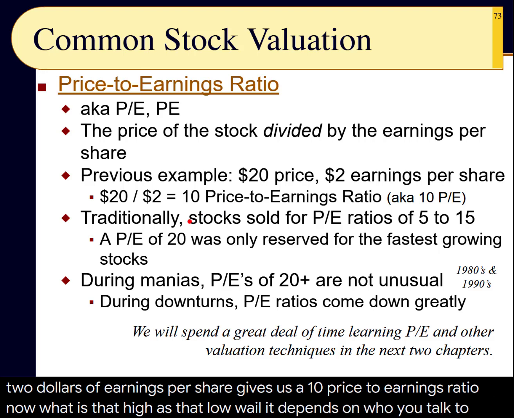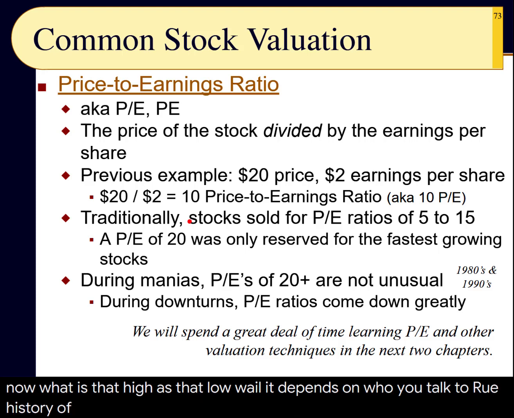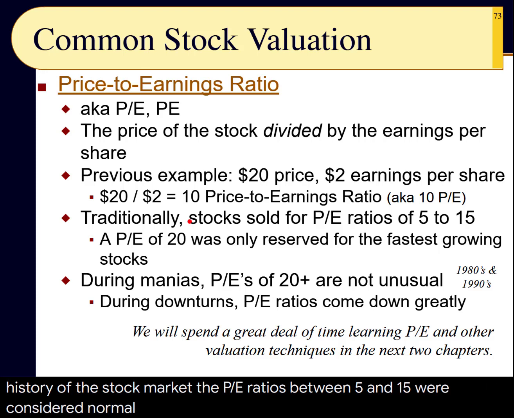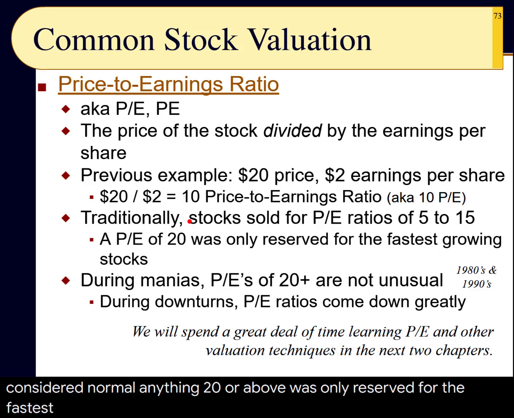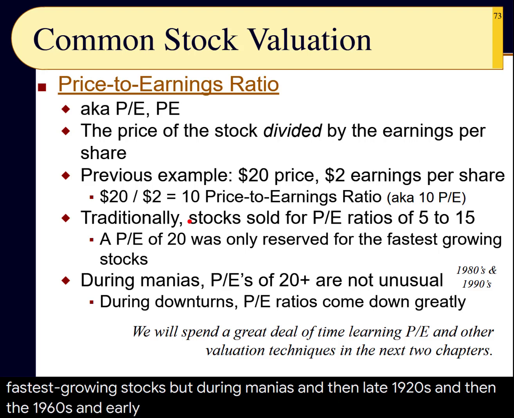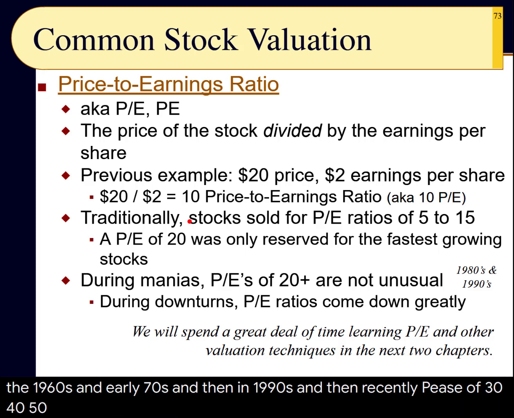Most of the time through history of the stock market, PE ratios between 5 and 15 were considered normal. Anything 20 or above was only reserved for the fastest growing stocks. But during manias in the late 1920s and then the 1960s and early 70s and then in the 1990s and then recently, PEs of 30, 40, 50, 100 were not unusual.